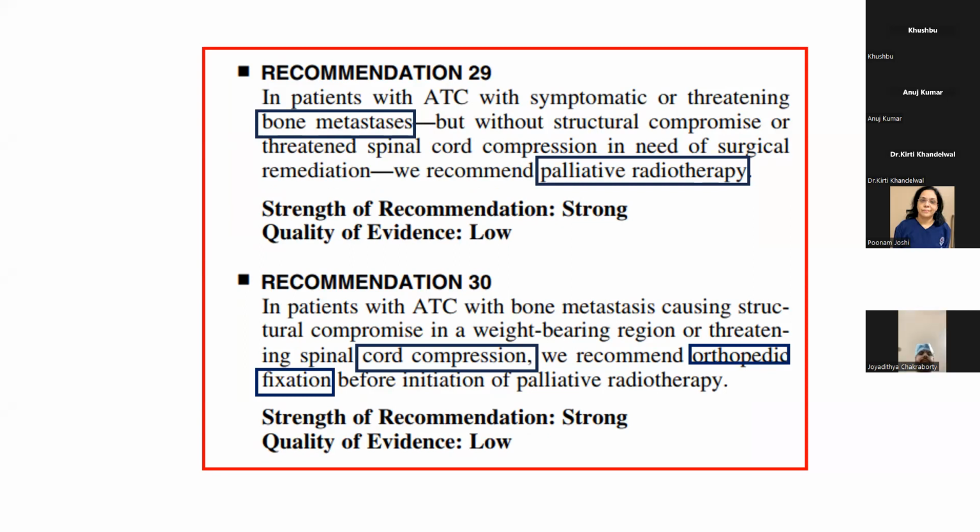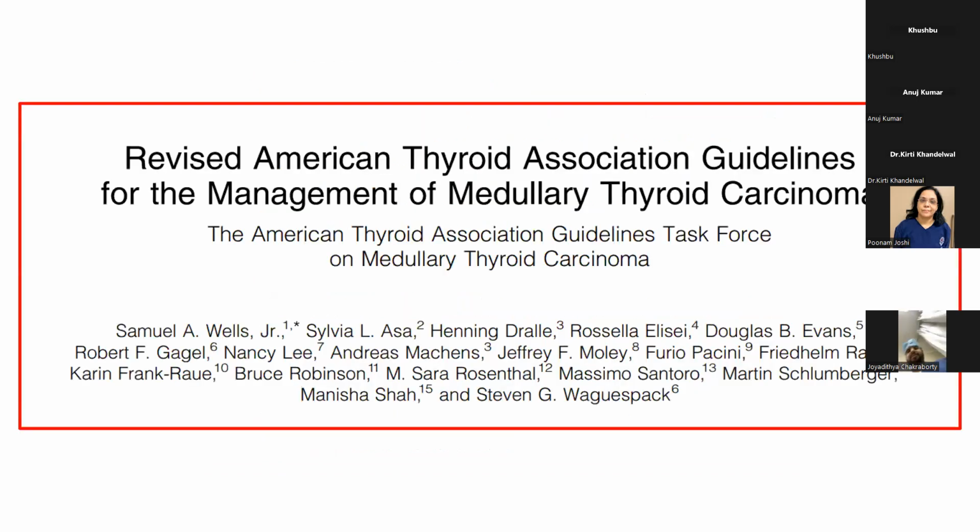And if there is a cord compression, it is also recommended that some orthopedic fixation is done before initiation of palliative treatment. So we can see that in most of the guidelines we discussed, the strength of recommendation is mostly strong, but the evidence we have is comparatively low. So these recommendations can be used based on the individual patient setting.